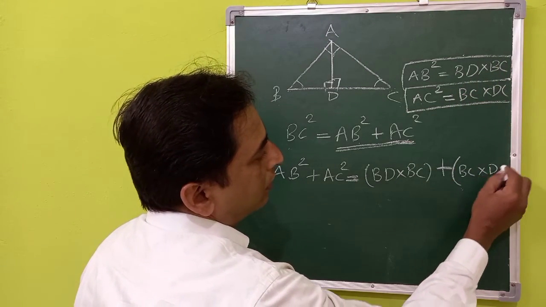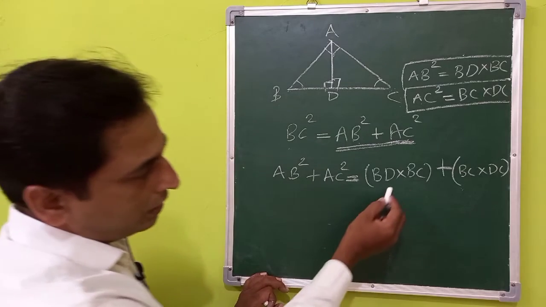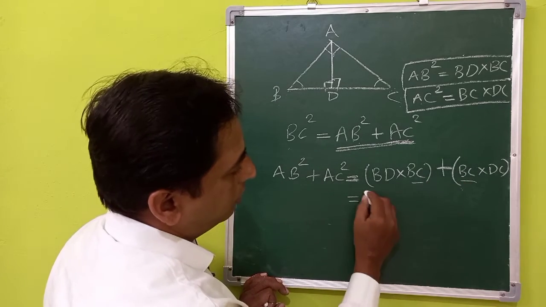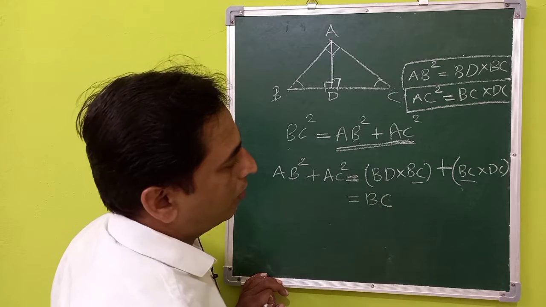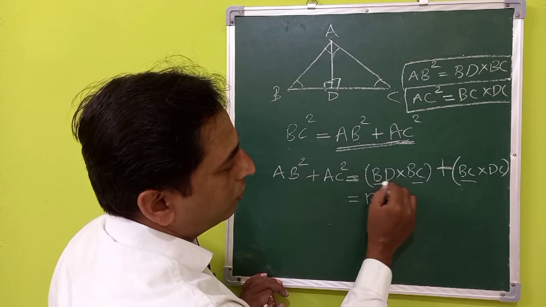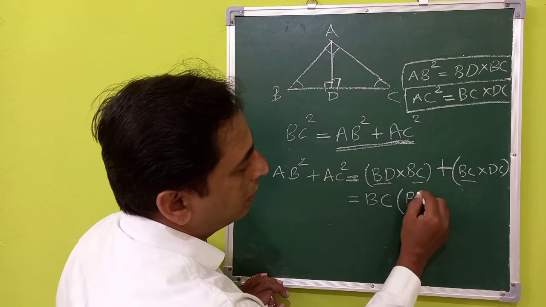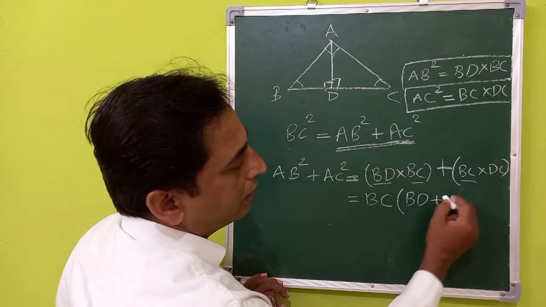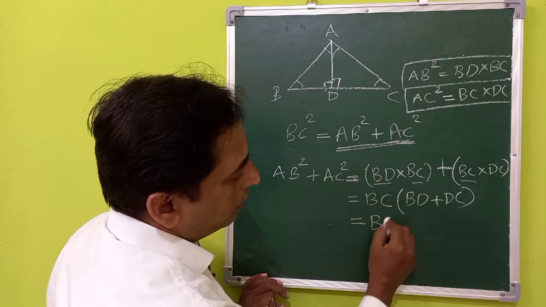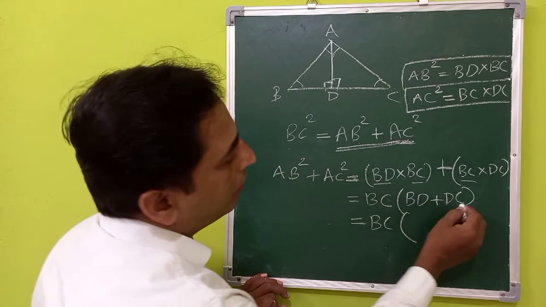Now we can see BC is common in both, so let us take this BC out. So BC into BD plus DC.